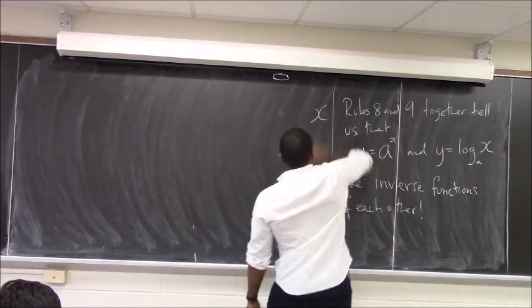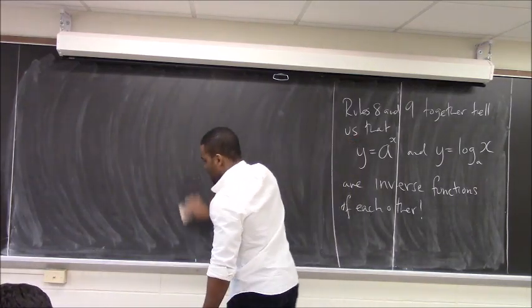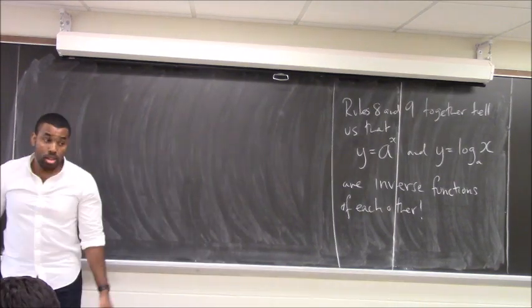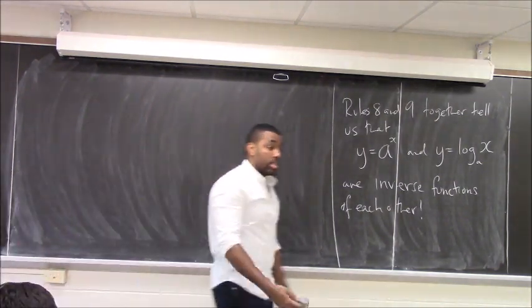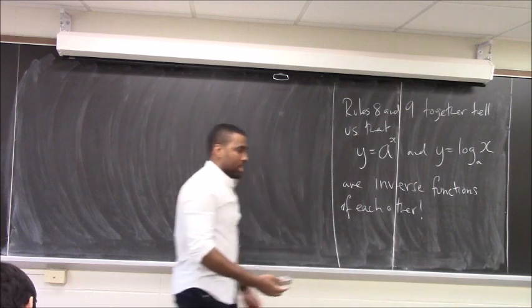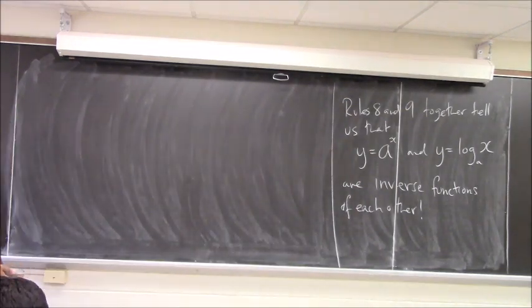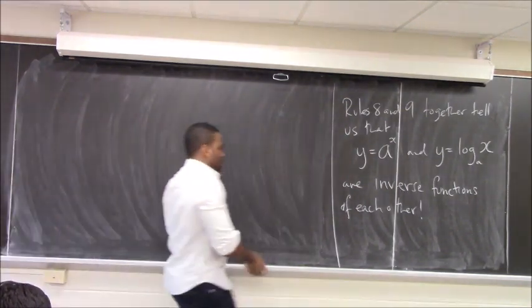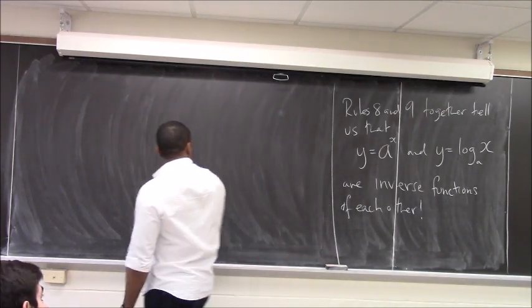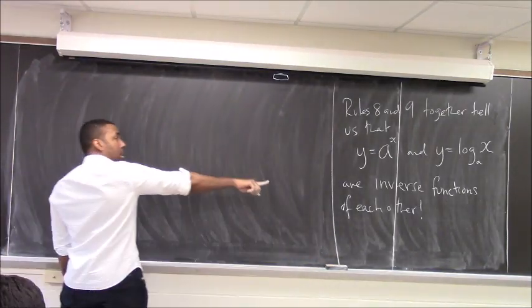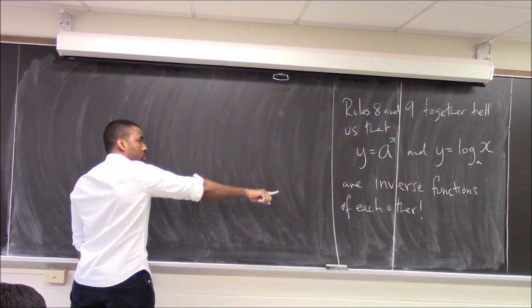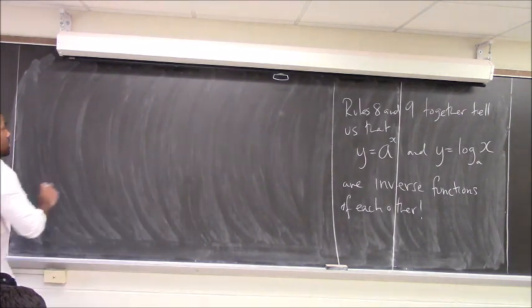So whenever I'm in an exponential situation and I don't want to be, I can use a log to get out of it. If I'm in a log situation and I don't want to be, I can use an exponential to get out of it. Knowing that is going to be important, especially for certain equations that we're going to want to solve. That idea is also going to help us get to the graph, but we'll cover that in a little bit.